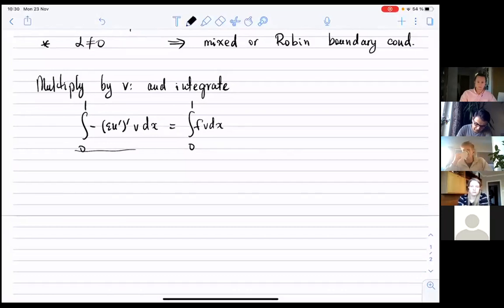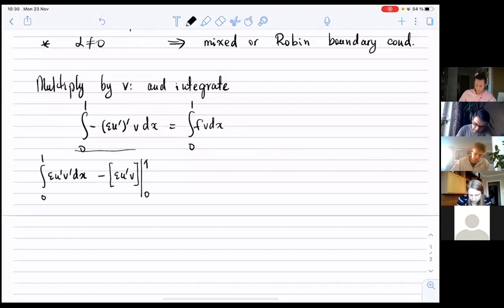Right, we do integration by parts. We have the following formulation: the integral from 0 to 1 of epsilon u prime v prime dx, minus the boundary terms epsilon u prime v evaluated from 0 to 1, equals the integral from 0 to 1 of f v dx.